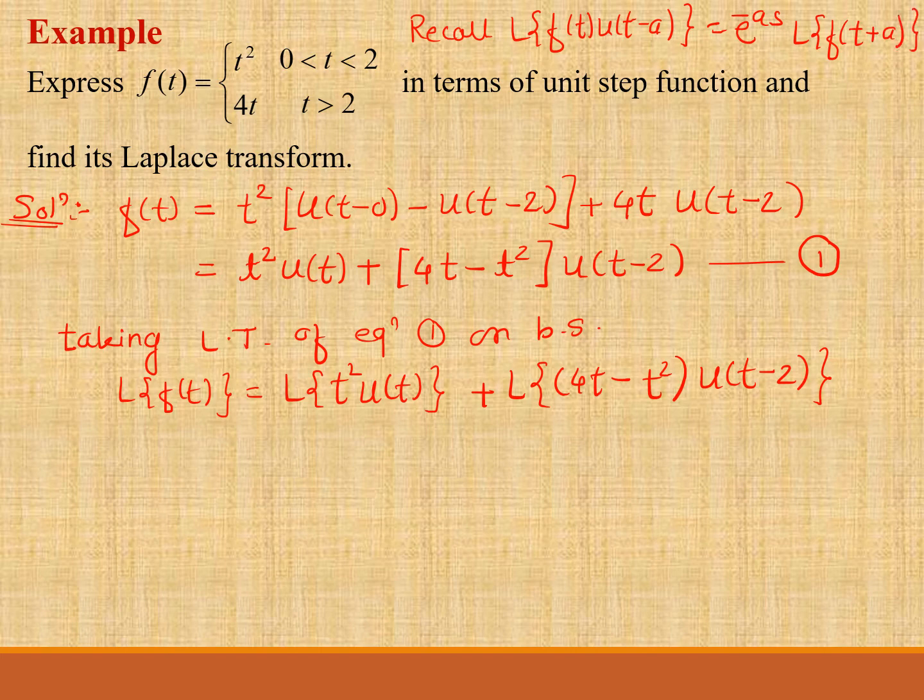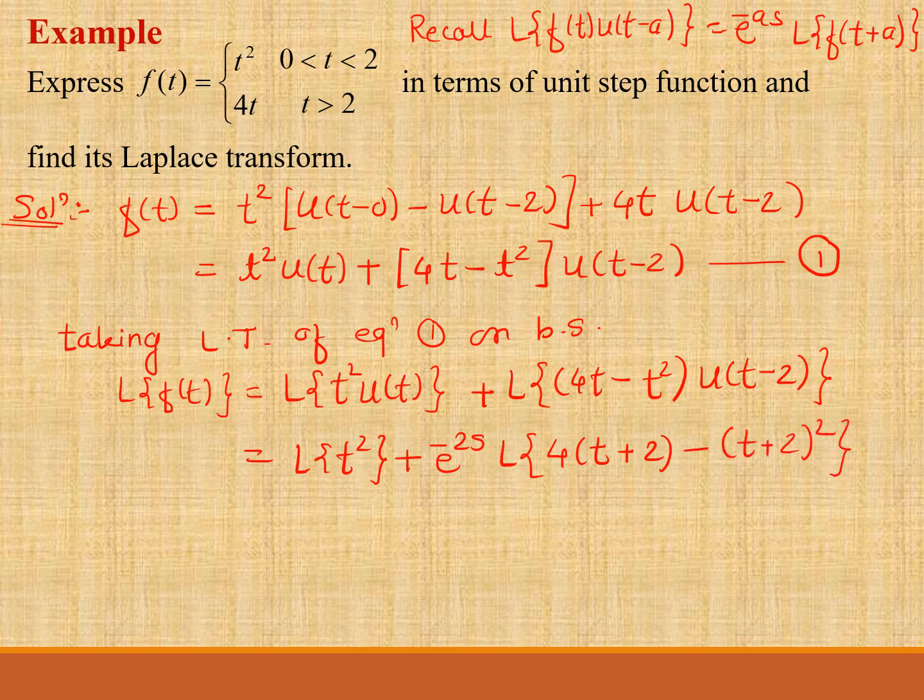So we'll use this with the second term, and the first term is Laplace of t square, because Laplace of f of t into u of t is Laplace of t square, and for the second we have e raised to power minus 2s into Laplace of 4 times t plus 2 minus t plus 2 whole square. We need to shift t to t plus 2. So here we have Laplace of t square plus e raised to power minus 2s Laplace of 4t plus 8 minus of t plus 2 whole square, meaning minus t square minus 4t minus 4.